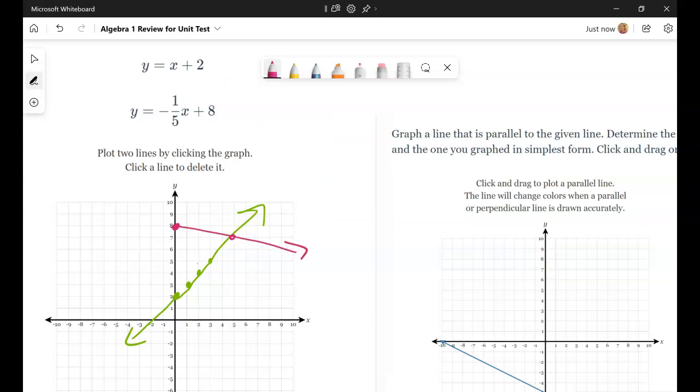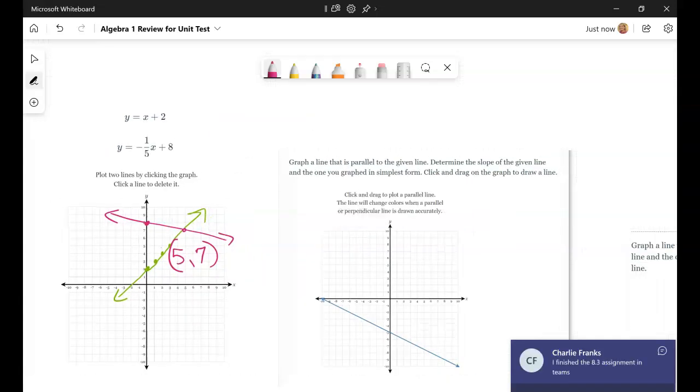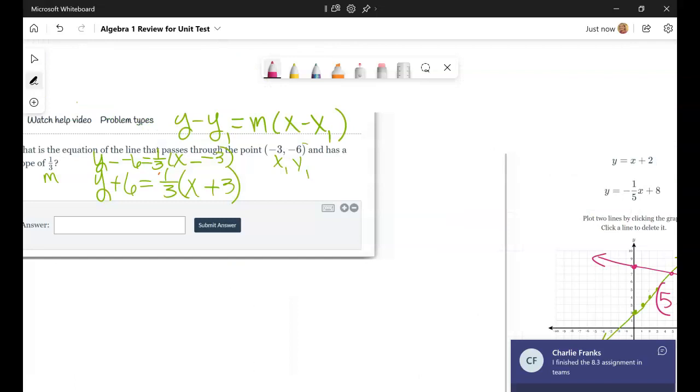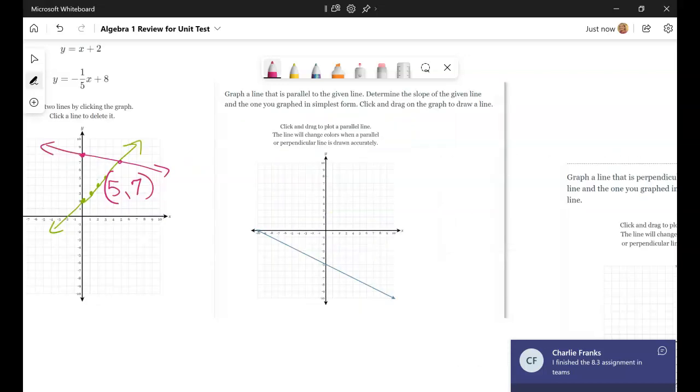So about right there. So where does it look like they cross? 5, 7. Okay. You want to go back to this one? You got a question about this one? Okay. Good. We're going to keep going.